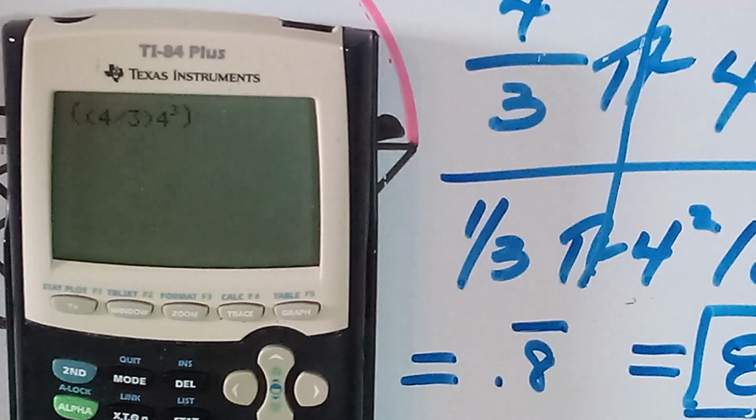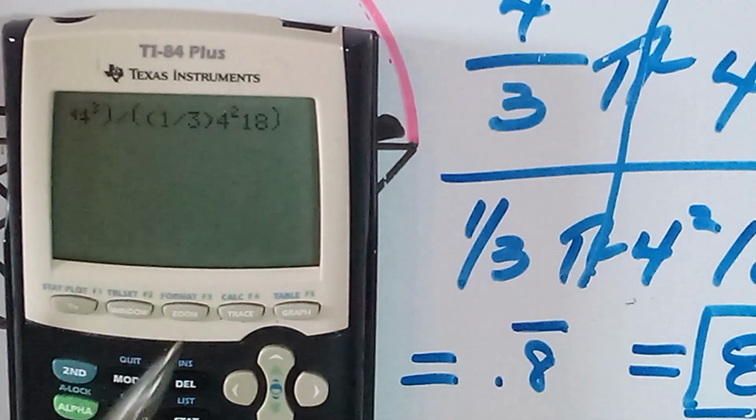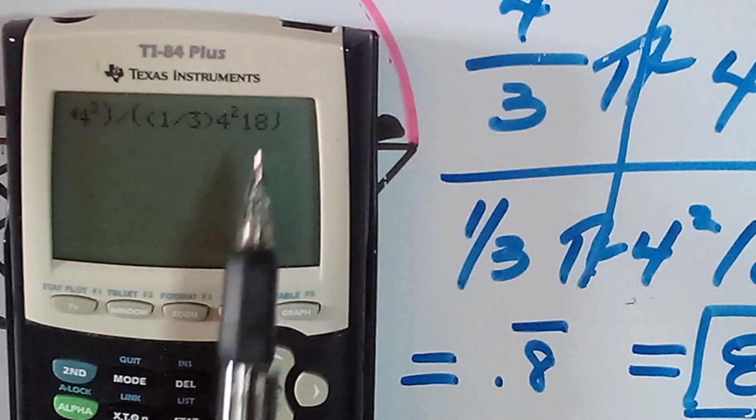I'm going to do the same thing on my denominator, divided by parentheses, 1/3 times 4 squared times 18. Close parentheses for the whole thing. So these two large parentheses tell the calculator, I want the whole numerator divided by this whole amount.